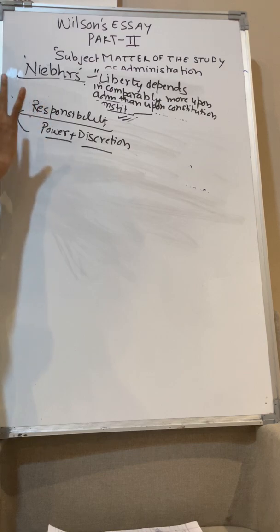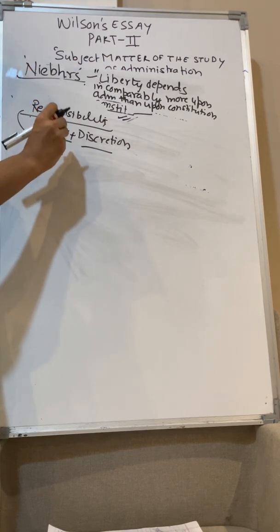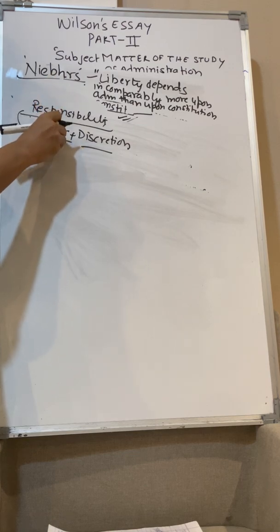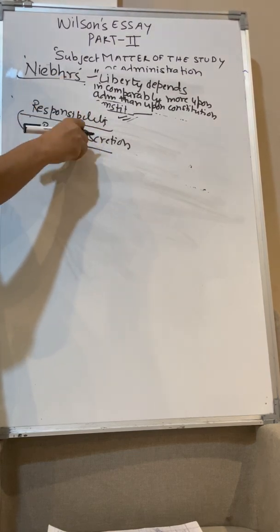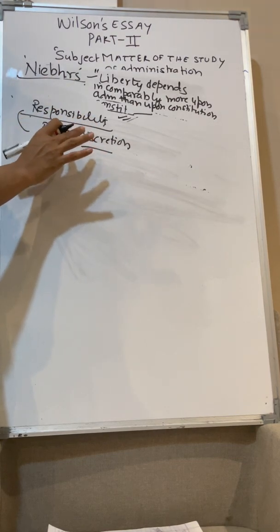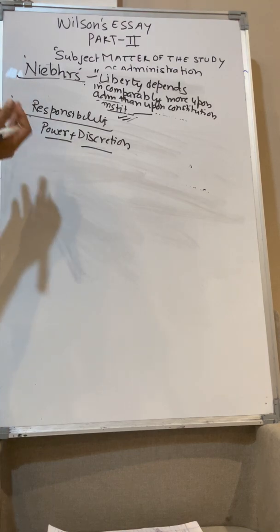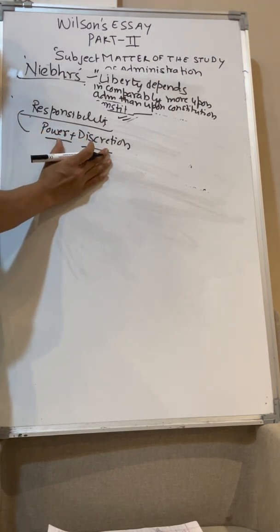Power itself is not dangerous, but if you have not fixed the responsibility, that who should be how much powerful and how much free will he should have, then it becomes a very dangerous thing and it can be very abusive. So he says that there should be a balance between power and discretion.